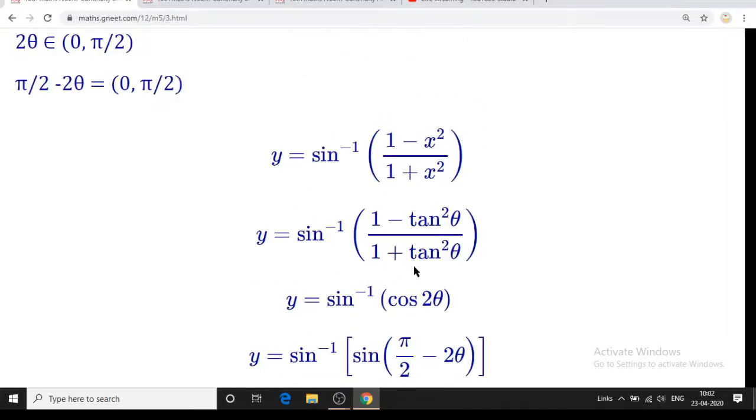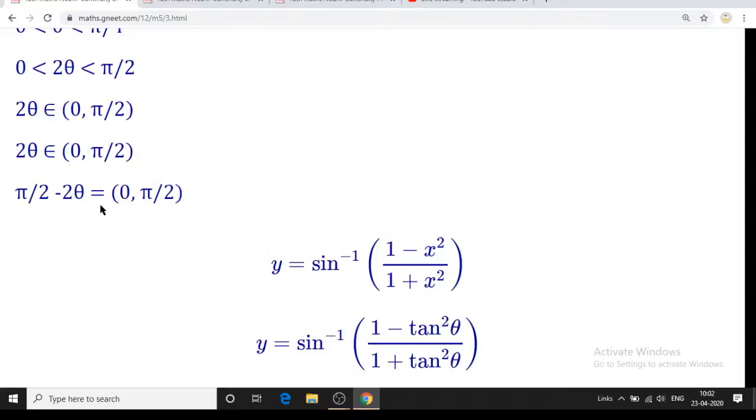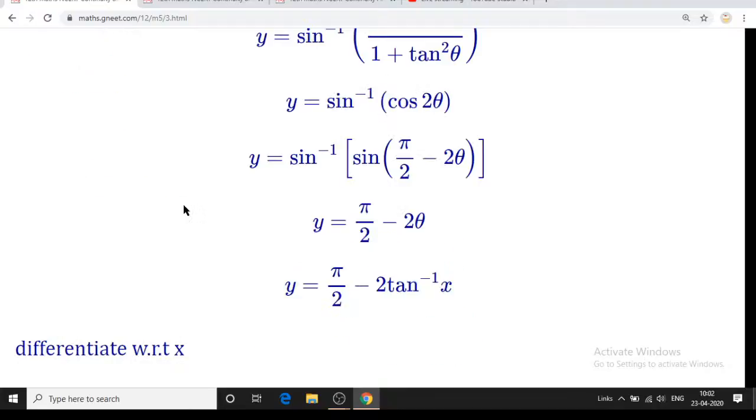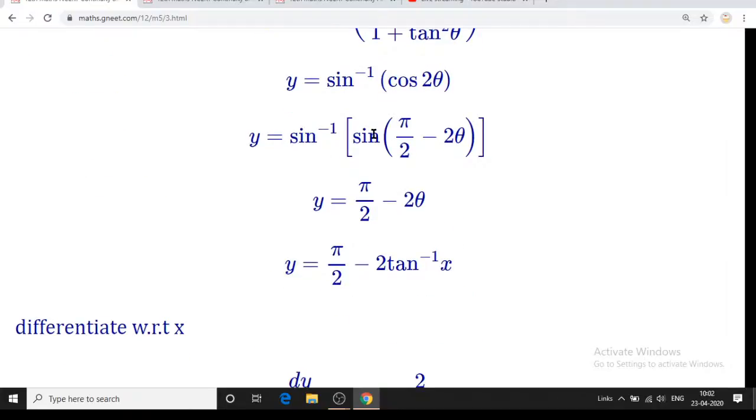Here we have proved that pi by 2 minus 2 theta lies in the interval 0 to pi by 2, and so sine inverse and sine, being inverses of each other, vanish, and we get y is equal to pi by 2 minus 2 theta.